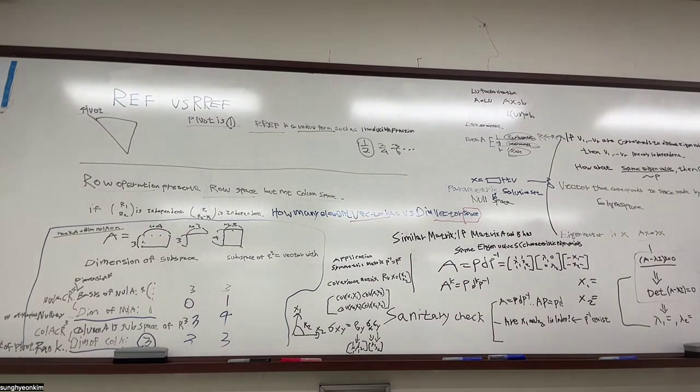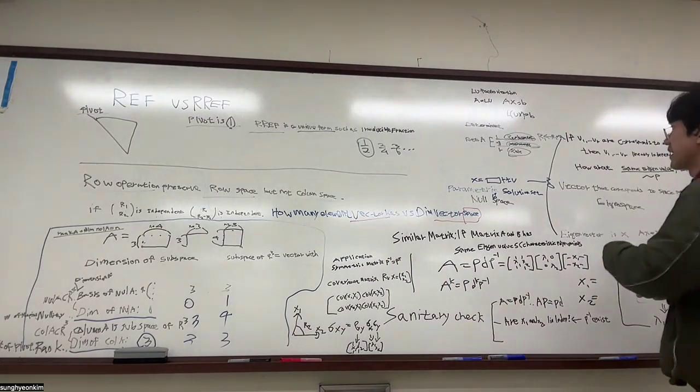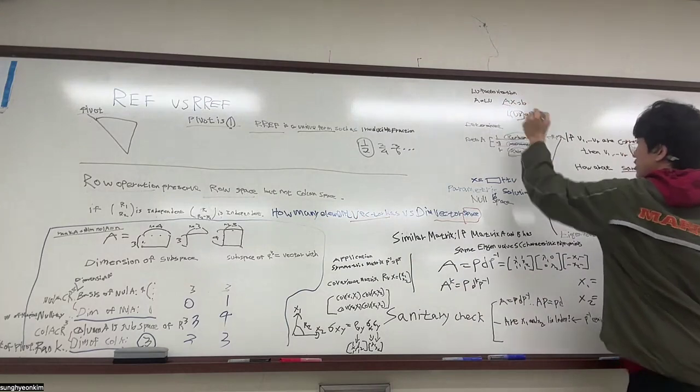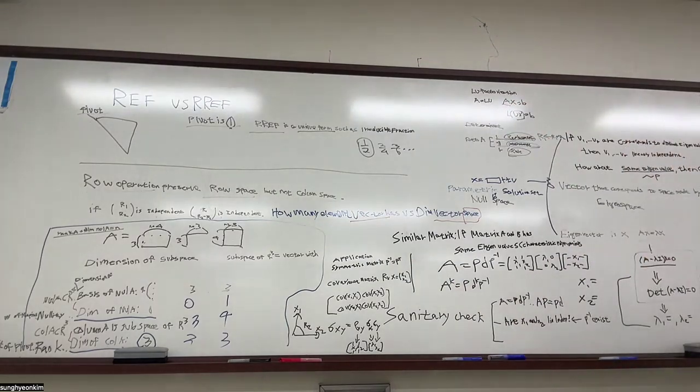And when you do LU factorization, remember A equals LU, then we will replace A with LU, and we will calculate UX first. In linear algebra, the most important thing is you should remember this keyword sentence: vector that corresponds to space, space made by solution.